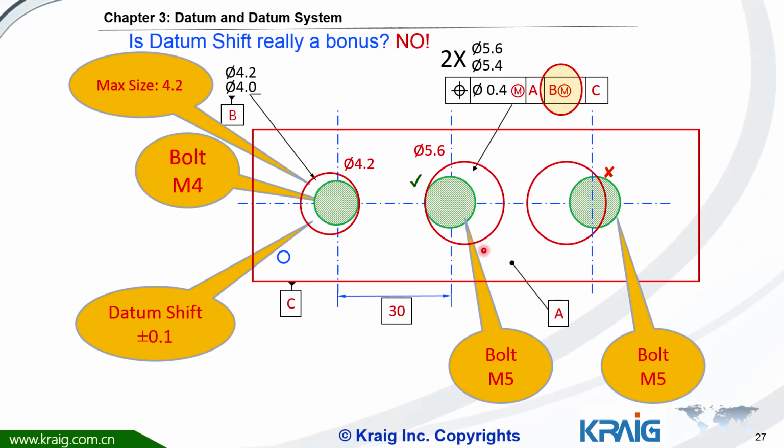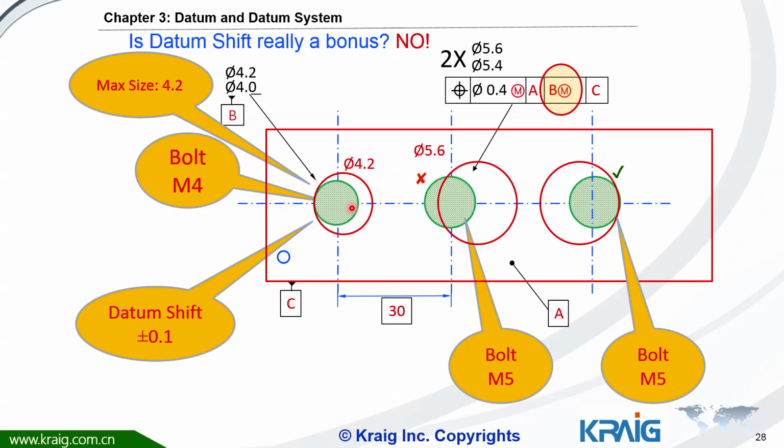You can help one of them, but another one will become worse. So that's the reason we say we cannot regard BM as bonus. You cannot use it as bonus and increase the position tolerance to here and here. You cannot do that, right?